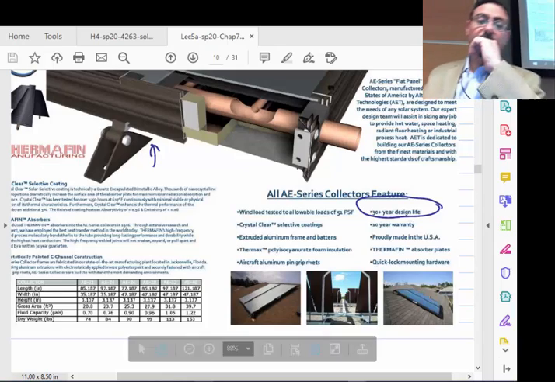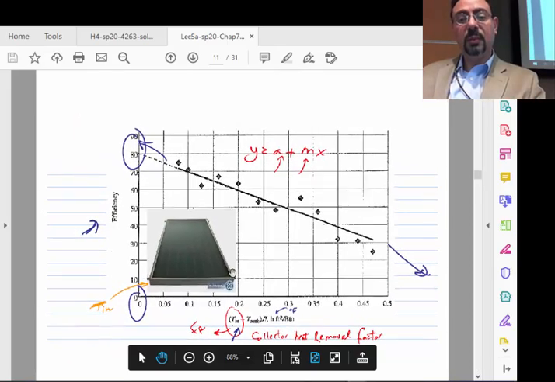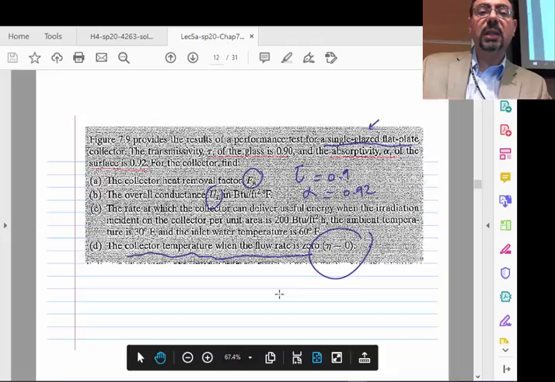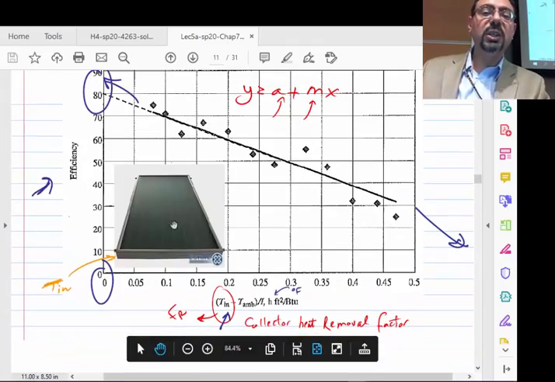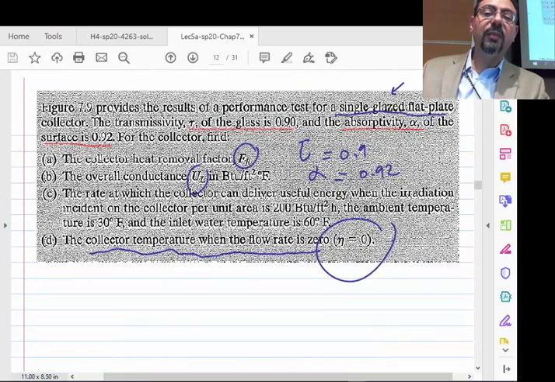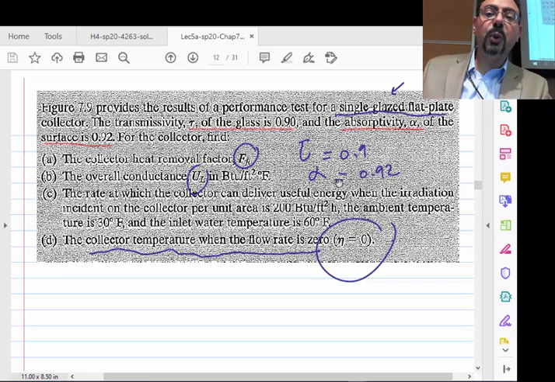So this is the example in our book, and he was basically saying use this chart to give me what? Give me the FR, give me the UL. He's asking you to read the intercept and the slope so that you can get the equation, assuming that tau is 0.9 and alpha is 0.92.